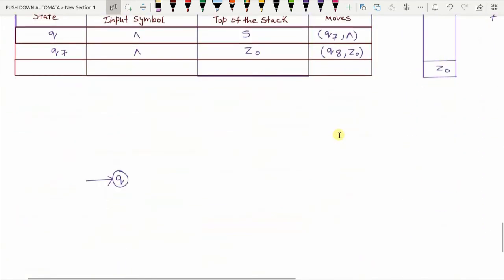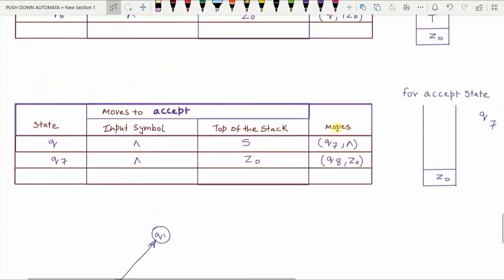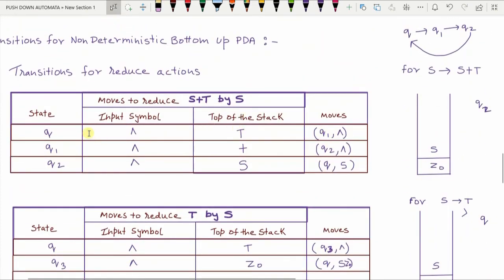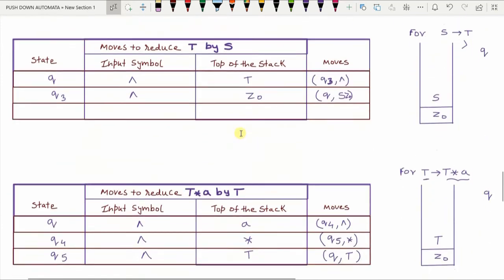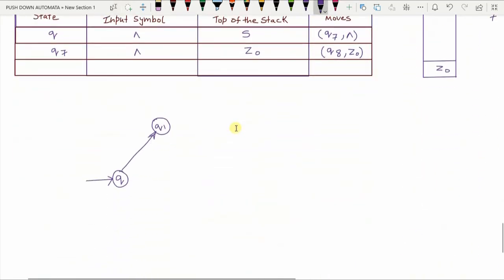From Q you are going to Q1 state. Agreed? So how are you going to Q1 state? From Q you go to Q1 state by reading null and top of the stack is T. What operation do you do?